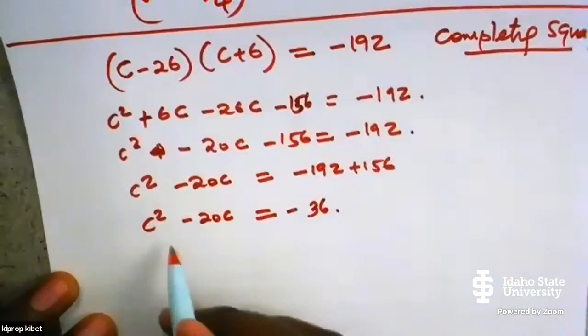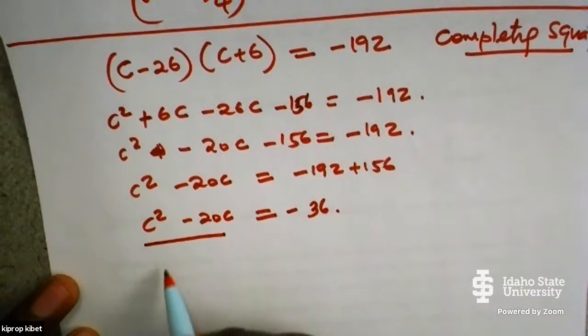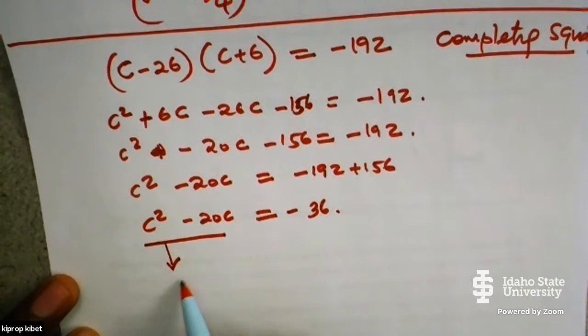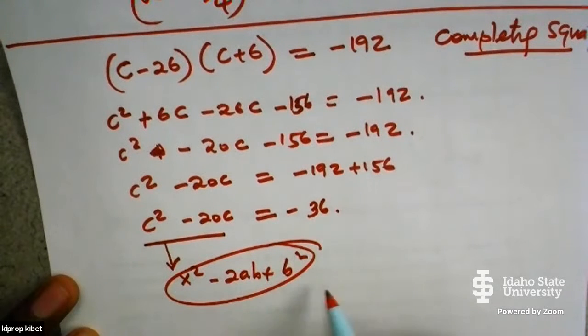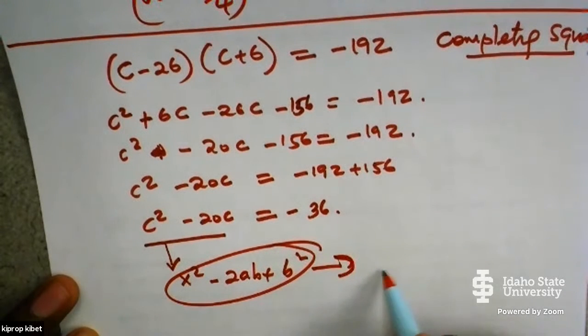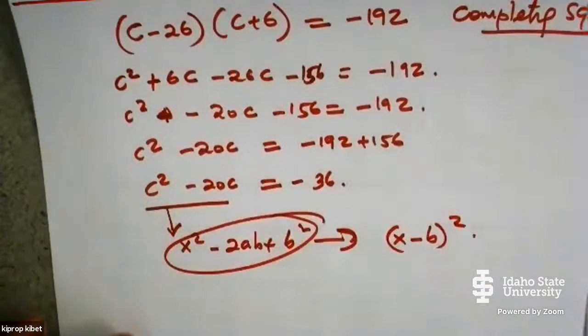So this c square minus 20c is like x square minus 2bx plus b square, and this is like x minus b, squared.